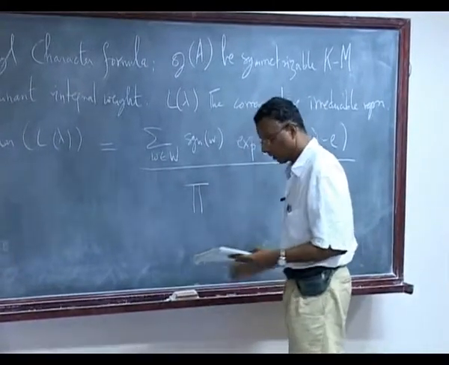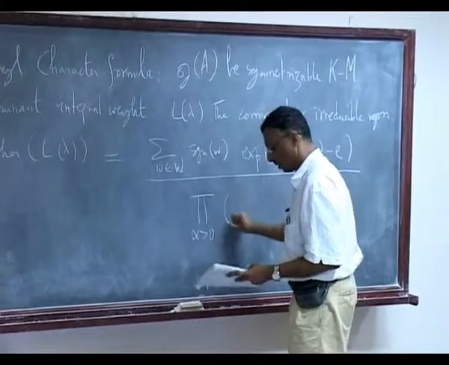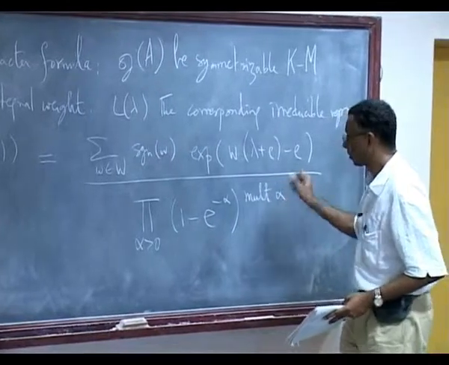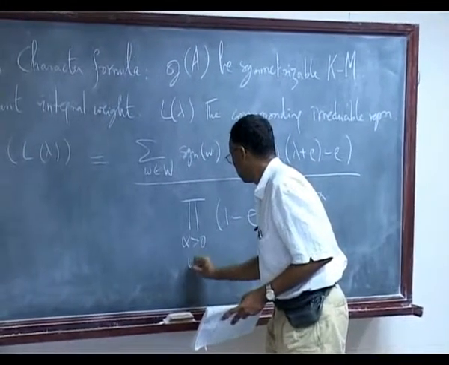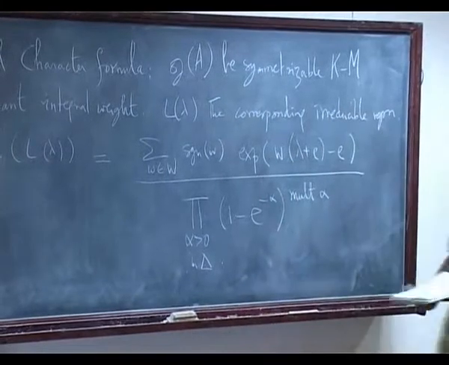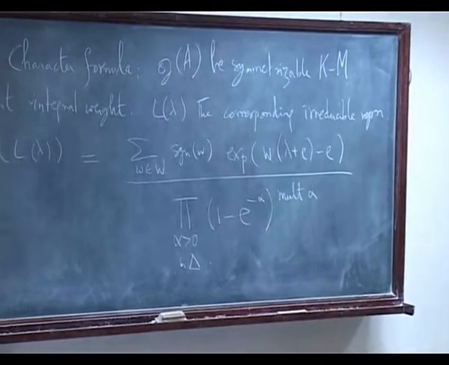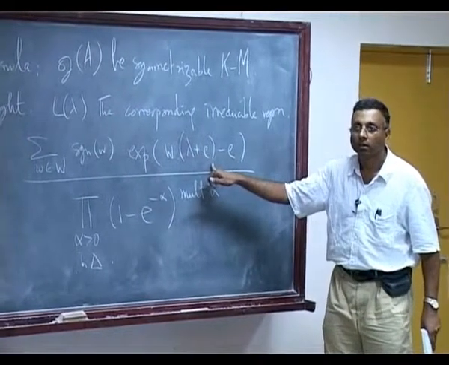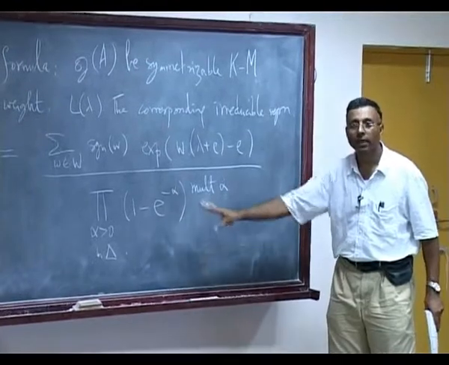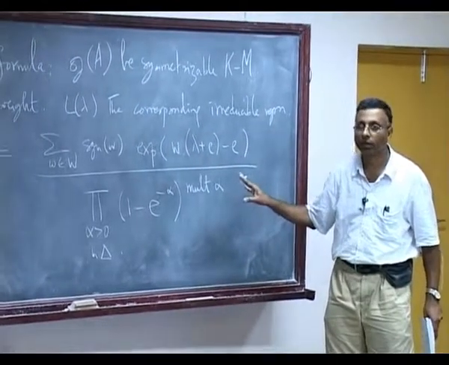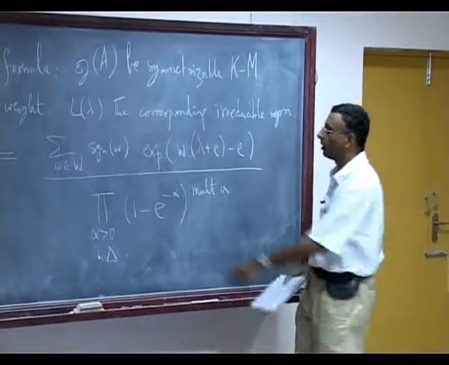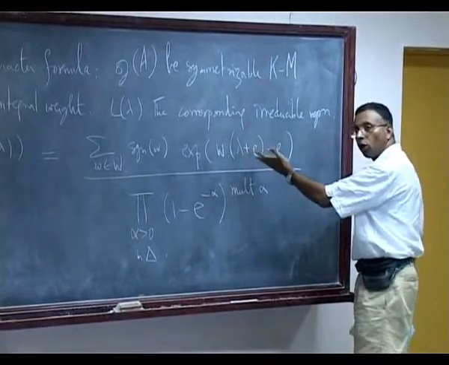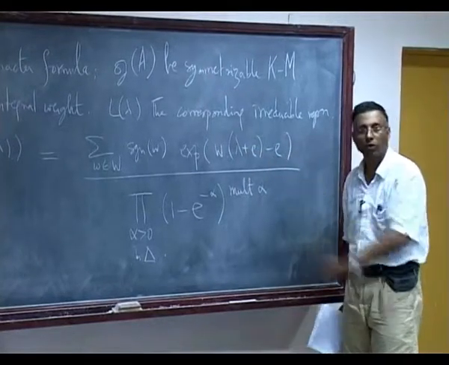Instead, the denominator is slightly different. So this is the formula. The top is just as in the finite dimensional case. The denominator is written differently. It's a product instead of a sum. There you would have written sign W exponential of W dot rho, that is, W rho minus rho. That's what you would have written.